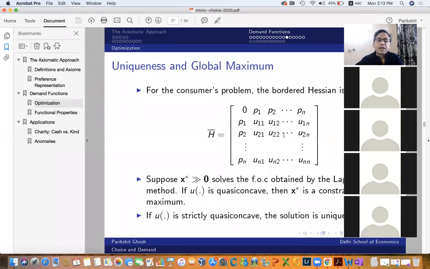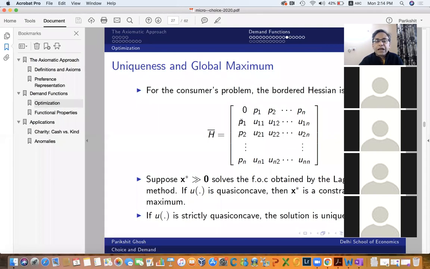Now, you can replace the prices by the corresponding marginal utilities. So we can replace P1 by U1. Suppose this matrix has this alternating property.